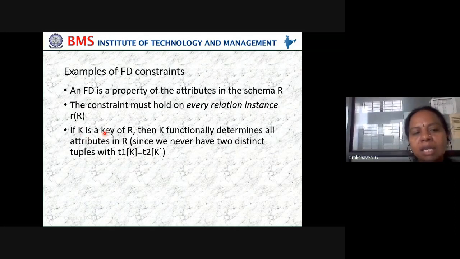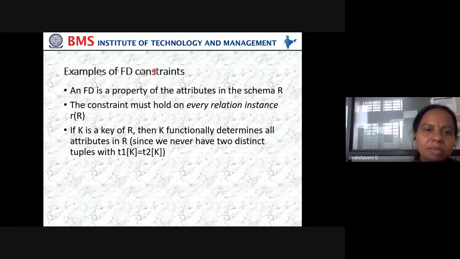That's what K stands for. So these are examples of functional dependency constraints.